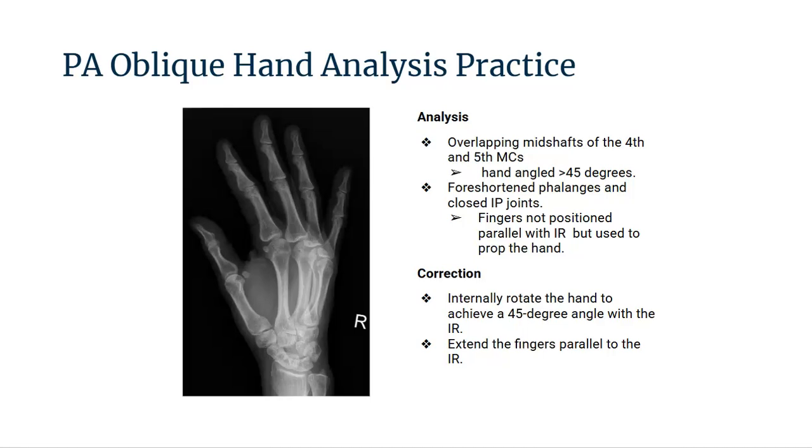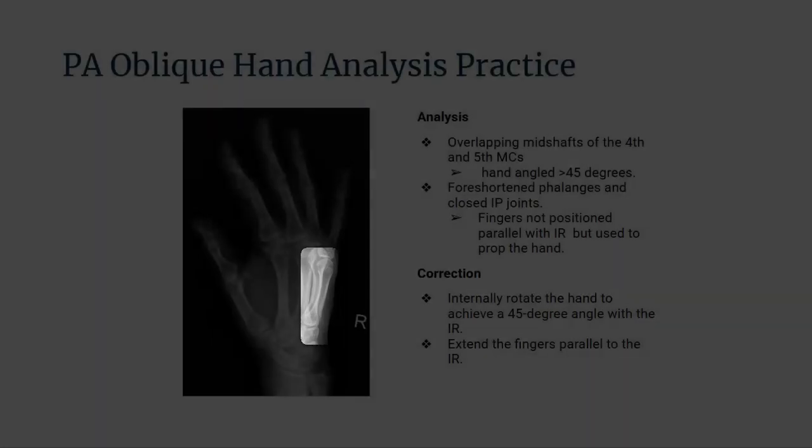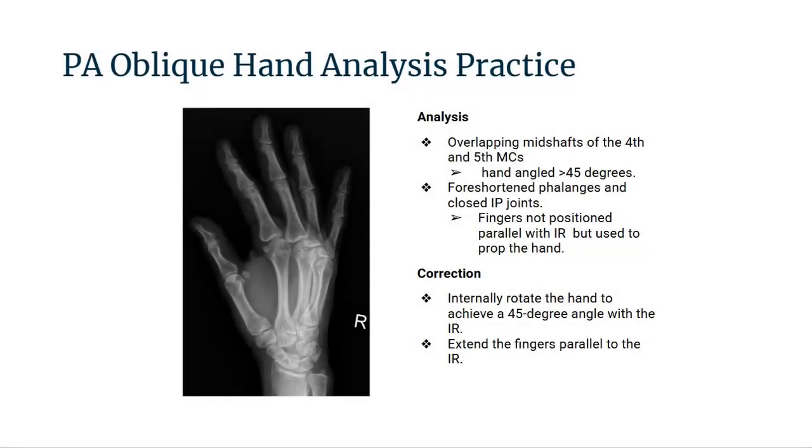When analyzing this image, you can tell that there is some overlapping of the midshafts of the 4th and 5th metacarpals, which indicates that the hand was angled greater than 45 degrees. Additionally, the phalanges appear foreshortened, and our IP joints are closed. This happens because the fingers were used to prop the hand rather than being extended.